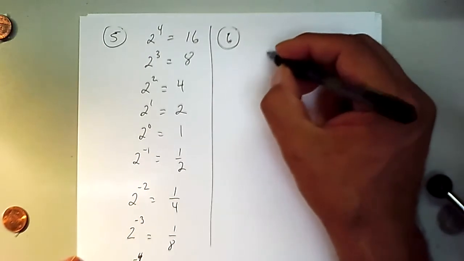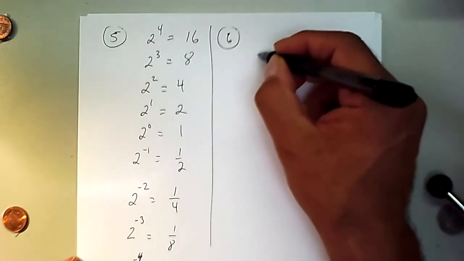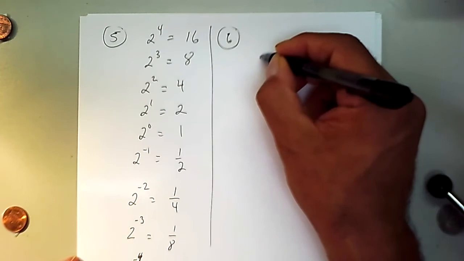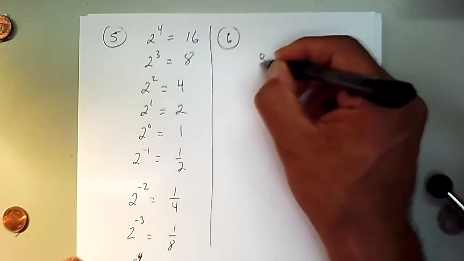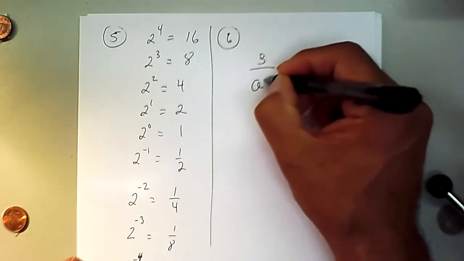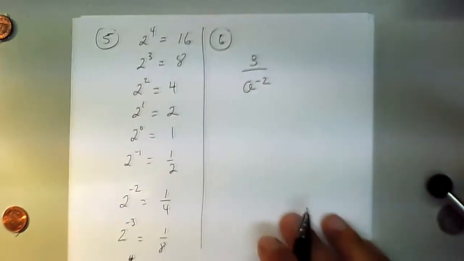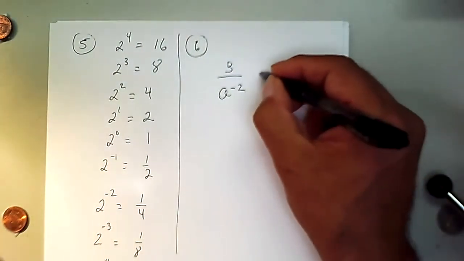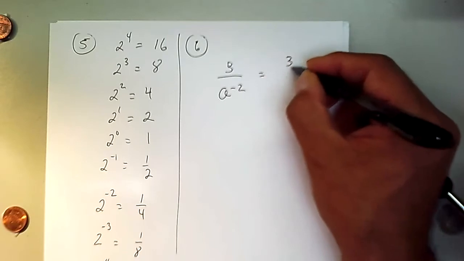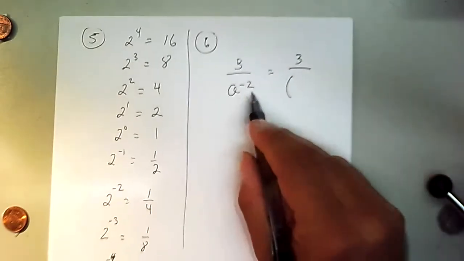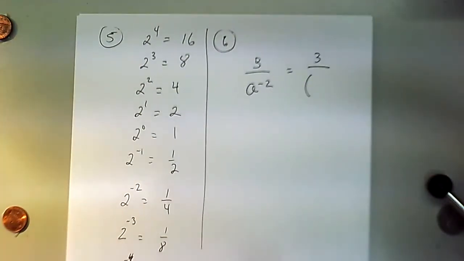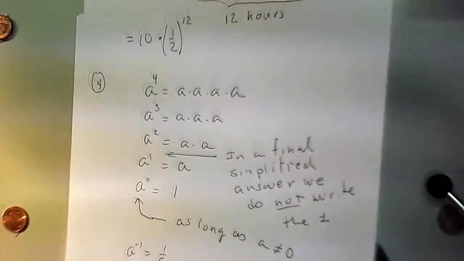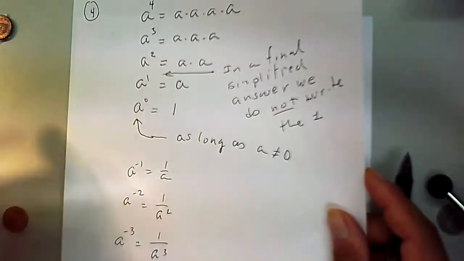It gets more complicated if we have, let's say, 3 over a to the negative 2. Let's think about this for a moment. So this is 3 over a to the negative 2, which, as we said earlier in example 4, is 1 over a squared.